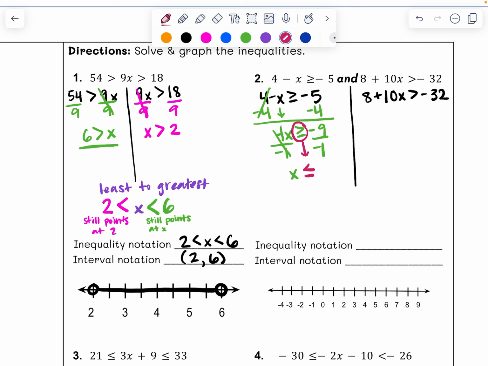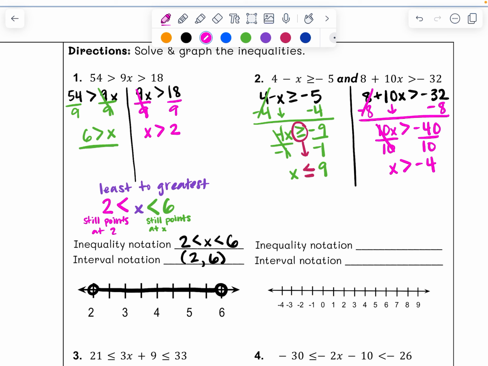Now it's less than or equal to +9. And on the right side, subtract 8. 10x is greater than -40. Divide by 10. I do not need to flip the symbol because I'm dividing by a positive number this time. So x is greater than -4.